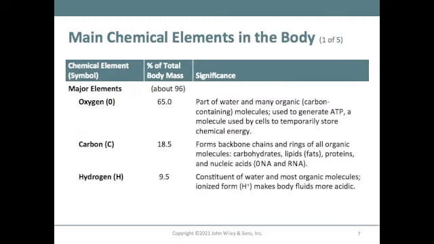But on this next slide, we see table 2.1 on page 30, and this summarizes the main chemical elements in the body. So please review this table on your own time.